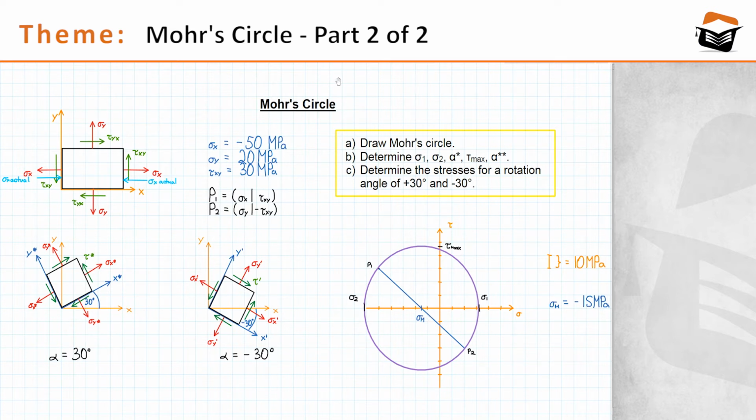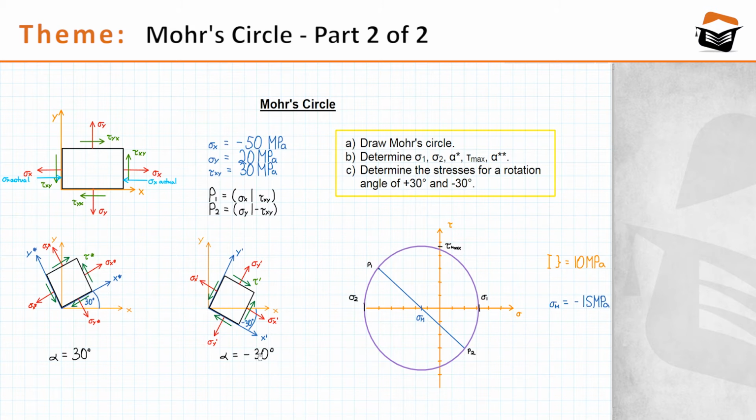Before I show you, let's take a look at the initial coordinate systems and the area elements in the rotated counterparts. Here, the rotation is counterclockwise because the angle is positive. And here, it is clockwise from the initial x-axis because the angle is negative 30 degrees.